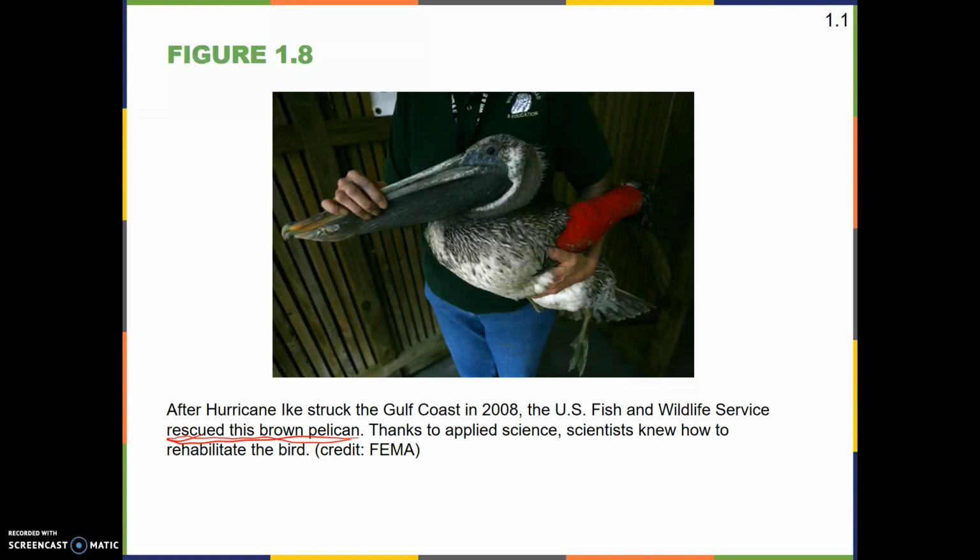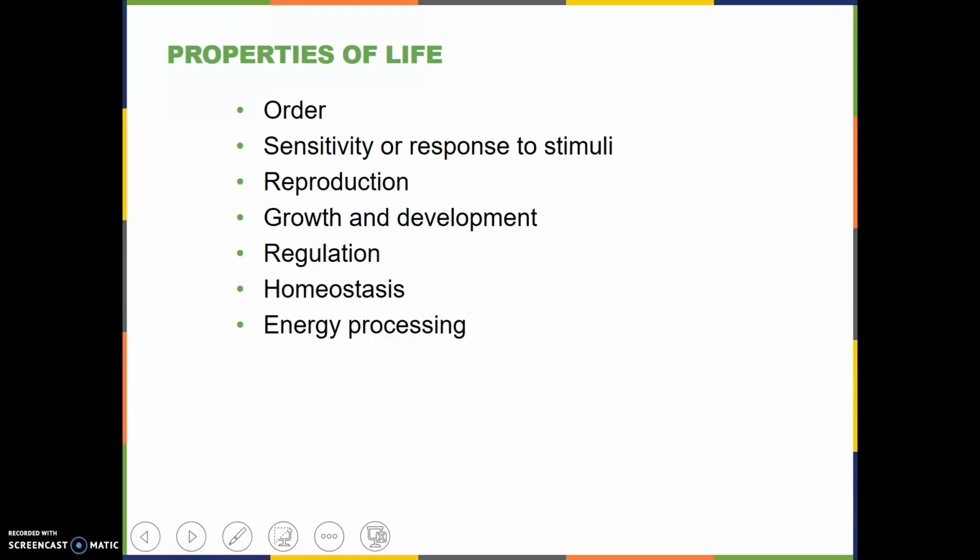And it's an example of applied science because after learning the basic science of what pelicans need to be healthy and survive in the wild, scientists were able to rehabilitate the bird and reintroduce the pelican back into the wild. And that would be applied science.